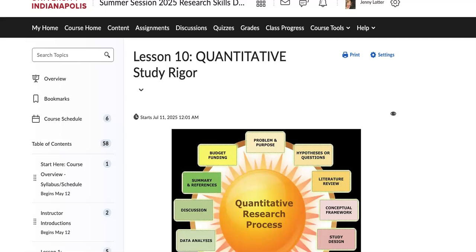So what I want you guys to think about when we're going through this week, we're talking about study rigor. And this is really looking at your proposals and looking to see if there's ways for you to look at any barriers or any kind of threats to the rigor of your study.